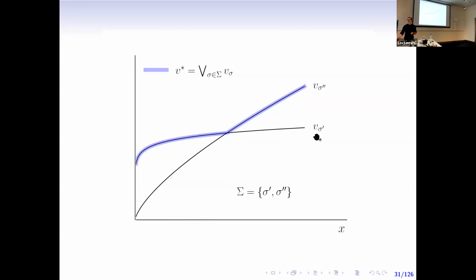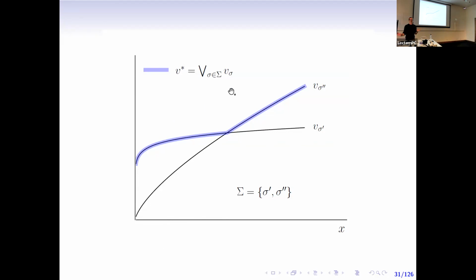If I pick this policy sigma prime, these are the values I can get from the different states. If I start off here, I'm going to get this lifetime value. If I start off here, I'm going to get this lifetime value. So the lifetime value of any given policy is always going to be a function of the state because it depends on where we start. And then I'm looking for the function that's biggest out of all of these black ones.